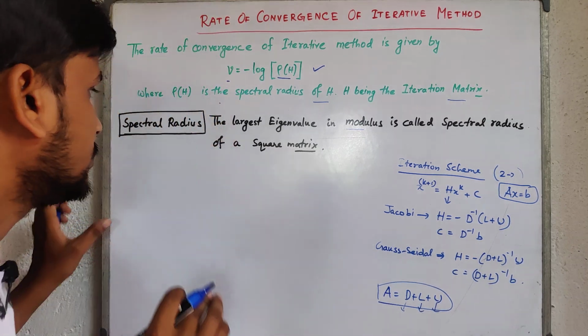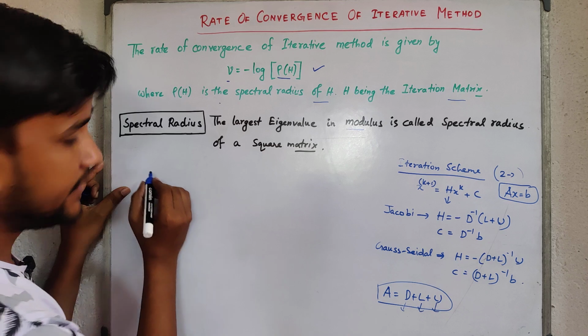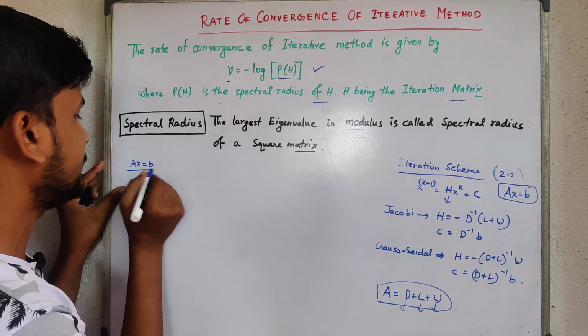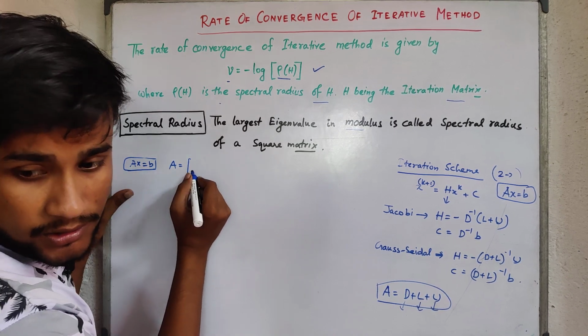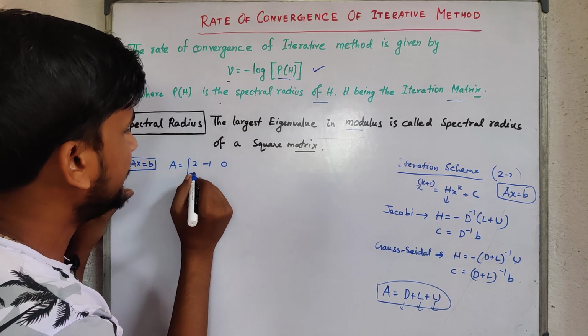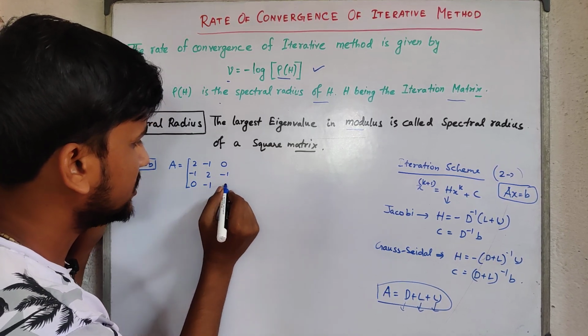Now if we take an example, suppose Ax equal to B is a system we want to solve, where the matrix A is given by 2 -1 0, -1 2 -1, and 0 -1 2.